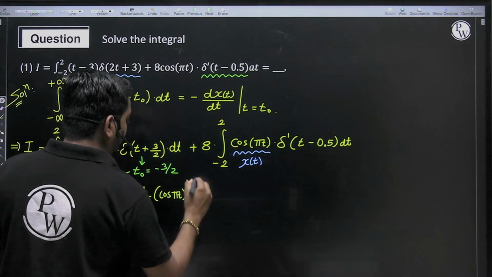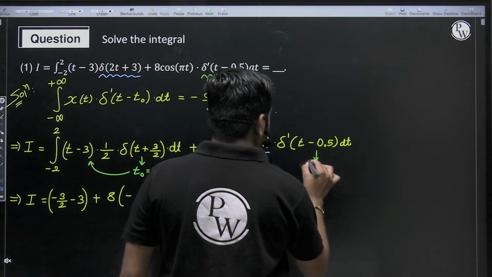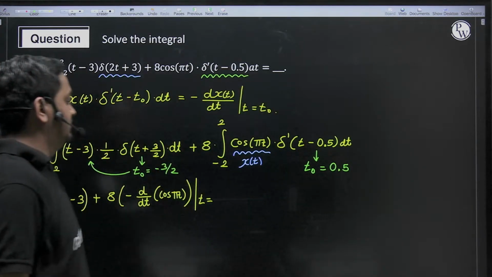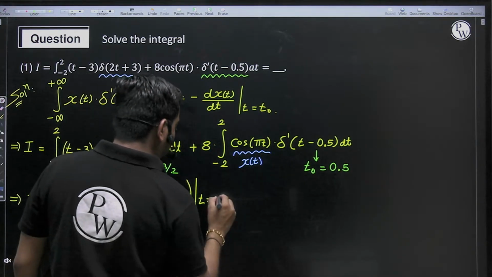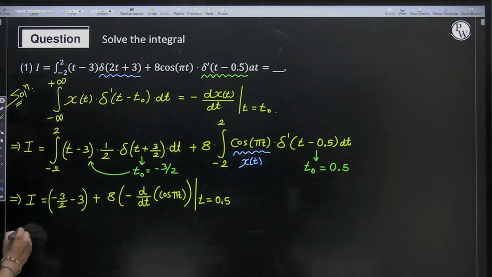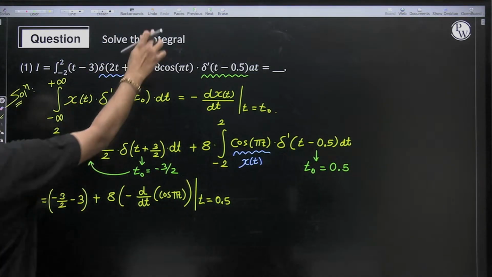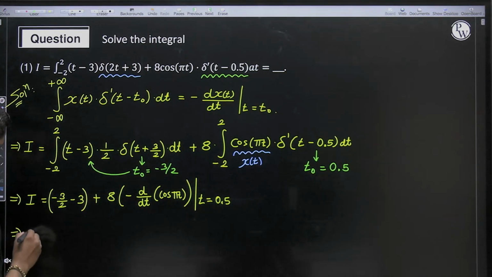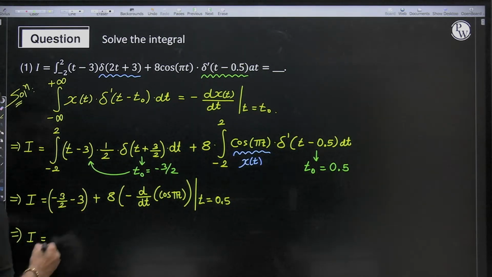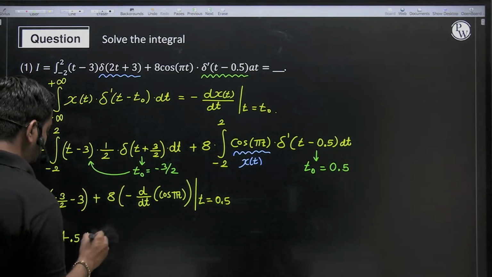And here you have to put t equal to t0. What is the value of t0 here? You can see t0 is equal to 0.5. So the value of the integral I is equal to minus 1.5 and minus 3, so it is minus 4.5, plus 8.